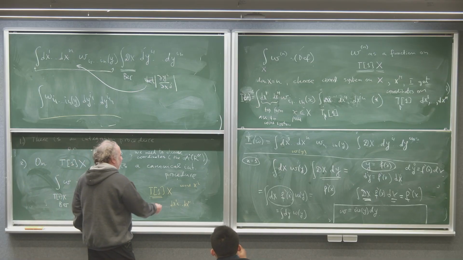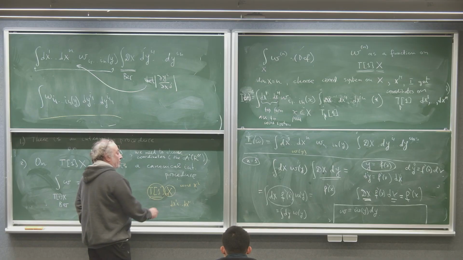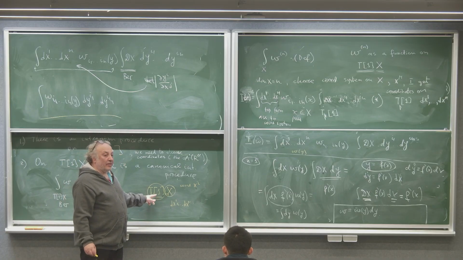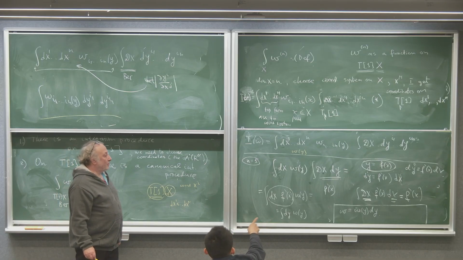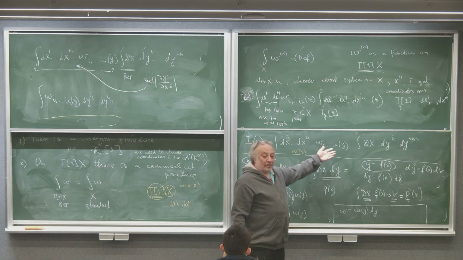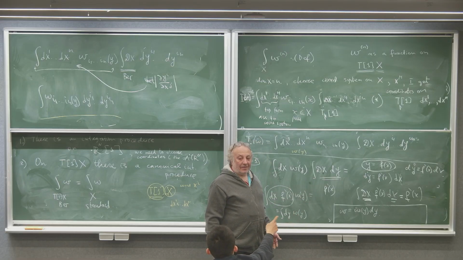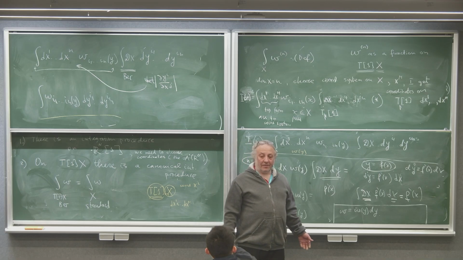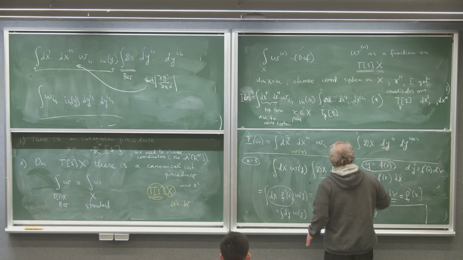Yes, by coordinates, I selected the measure on x and on T1. And there is an integral on T1. But you express the function on T1X by y coordinate. I started with something written in y coordinate. This something is exactly the function on T1X. Yes, because it is the differential form.